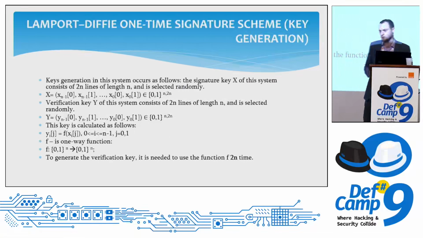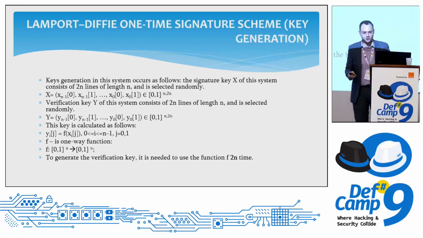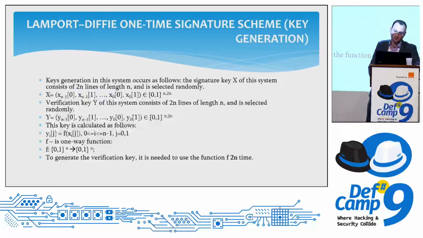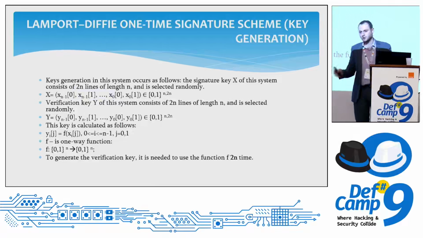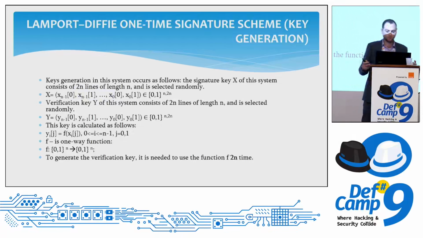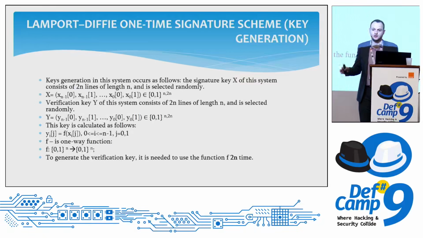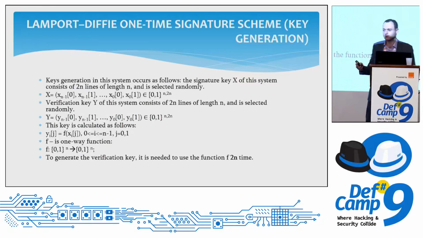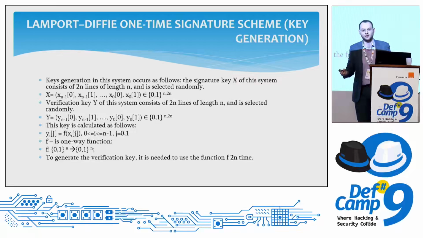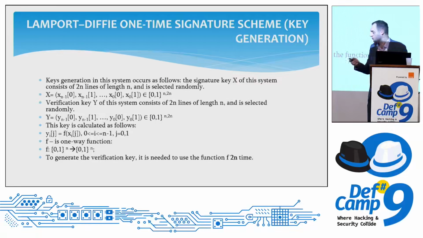So first, one-time signature schemes were offered, concretely the Lamport signature scheme. How does it work? It has the signature key. This key consists of 2n lines. Each line has the size n, and to get the verification key, we apply a one-way function to it.